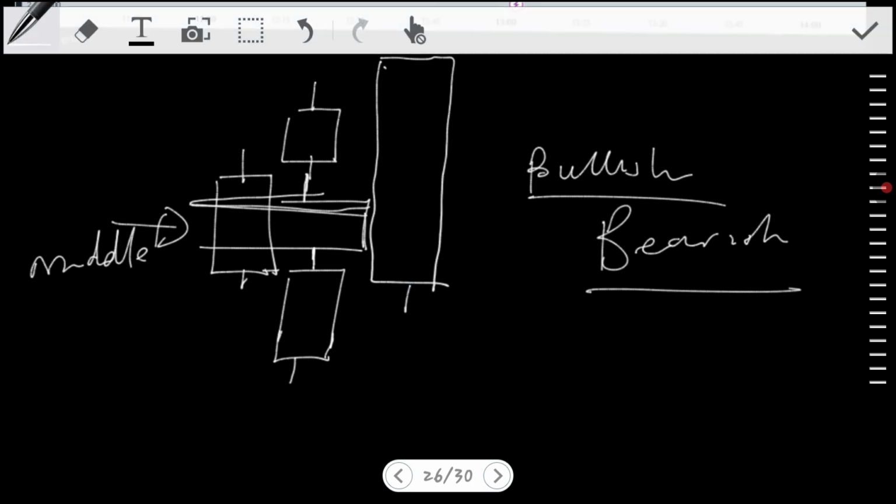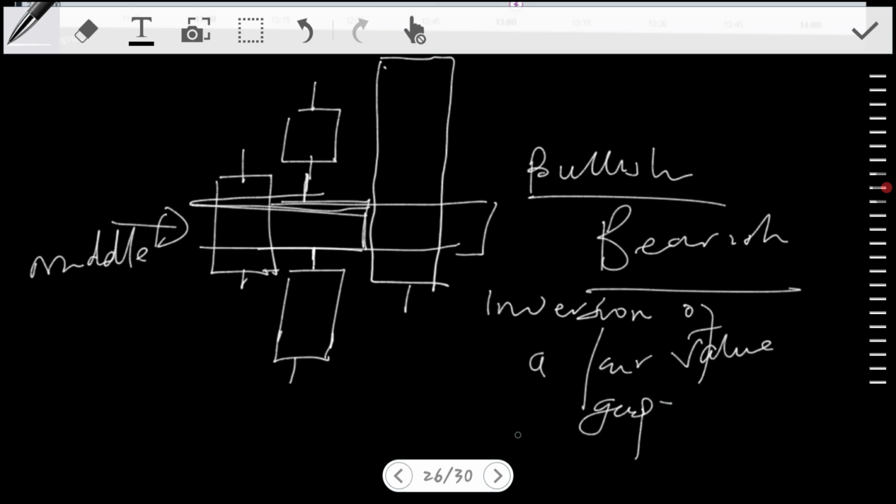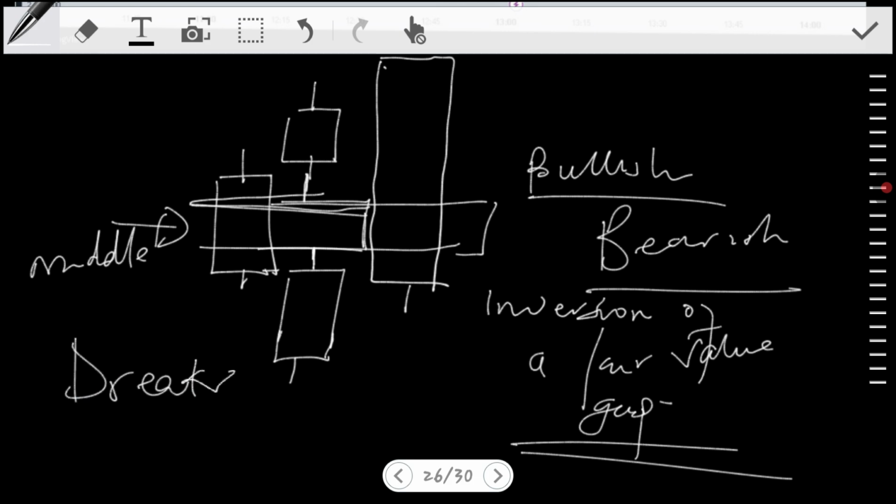What it does here is what we call the inversion of a fair value gap. This is very important when you have points like a breaker block, where the market does not respect the order block, so it turns into a breaker block.